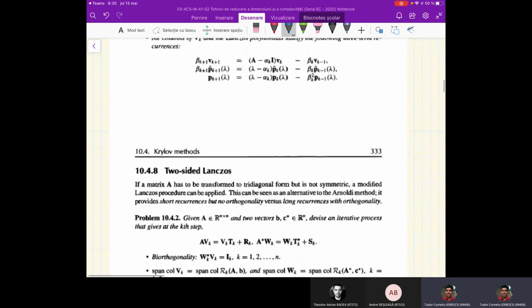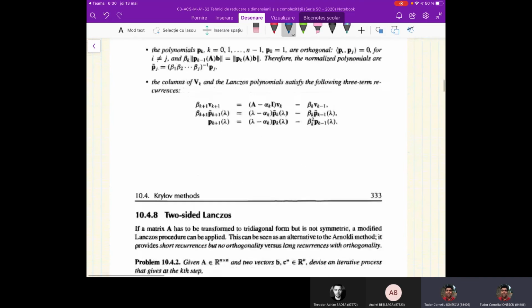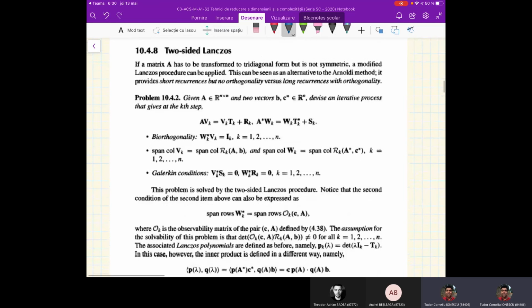They also present here properties of the Lanczos method, but the Lanczos method has also a two-sided version, so that the matrix A has to be transformed to tridiagonal form. You see two steps here, and you have this property here.